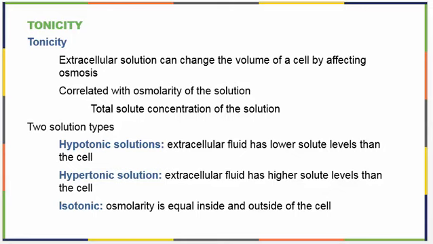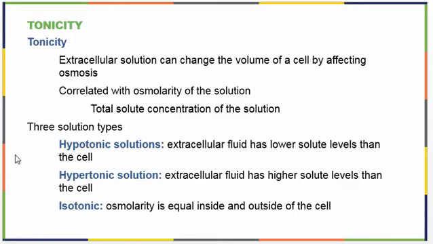Osmolarity is the total solute concentration of a solution. Solutions that have extremely high osmolarity are going to affect the way that water moves. If you have more solutes, water is going to move towards that solute much more quickly than if you have a lower solute concentration. We refer to the tonicity of solutions 3 different ways.